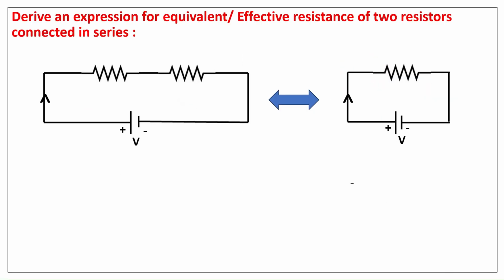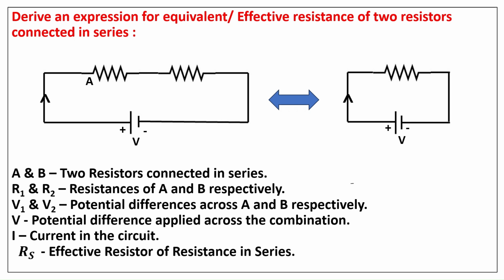Next, derive an expression for equivalent or effective resistance of two resistors connected in series. From the figure, A and B are two resistors connected in series. R1 and R2 are resistances of A and B respectively.